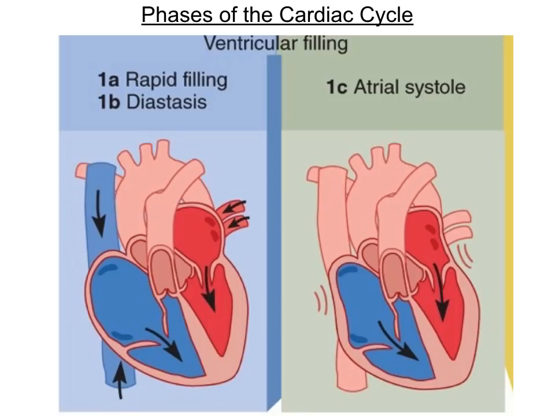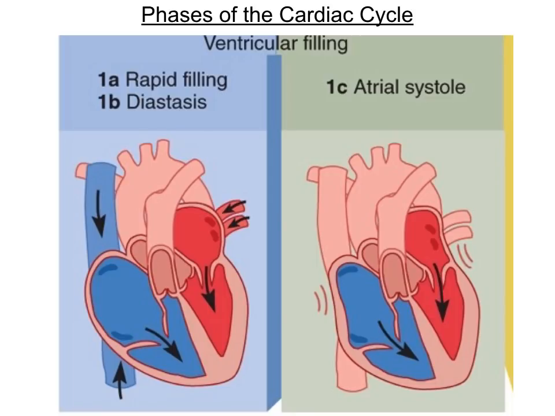The third phase of ventricular filling is called atrial systole. During this phase, the atria are going to contract, and when they do, they're going to push about another 40 milliliters of blood down into your ventricles.